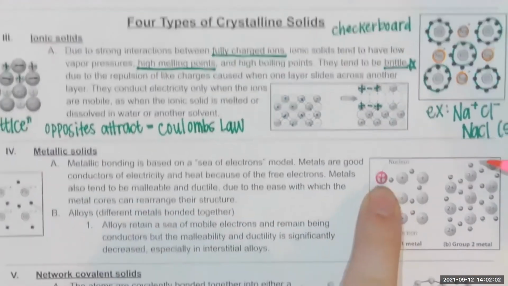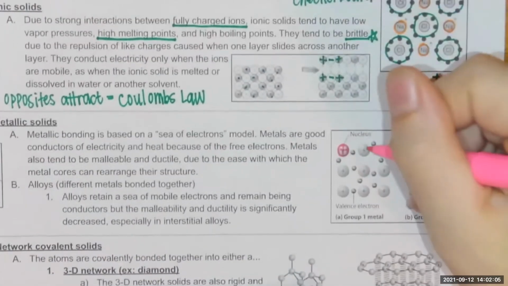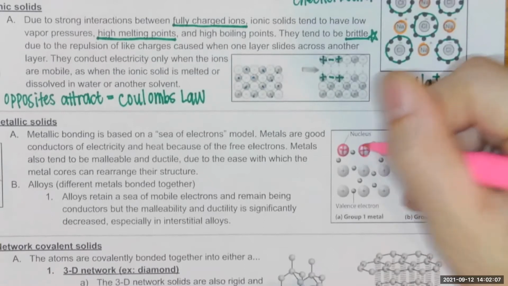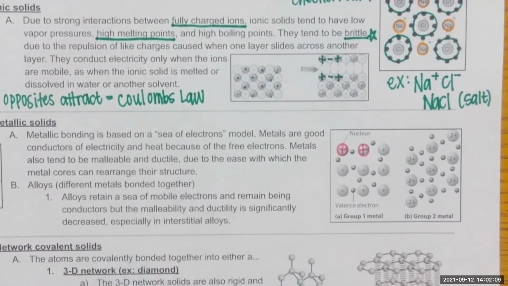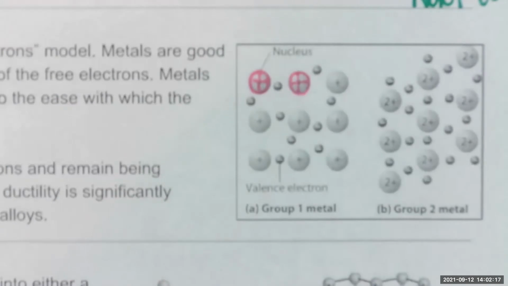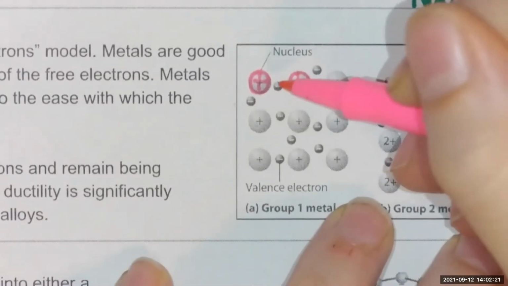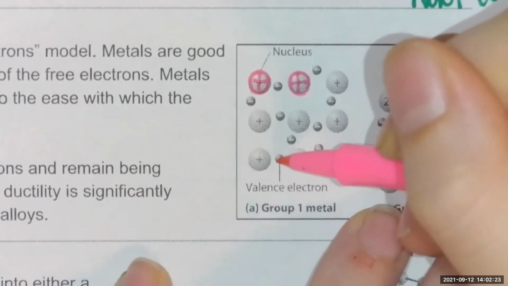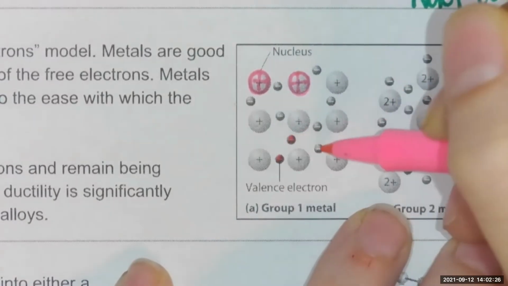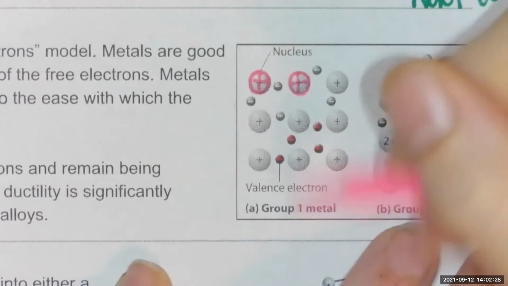There's the positive cation core. Here's another one. But they're being stabilized. The positive cores are being stabilized by these electrons that had fallen off.